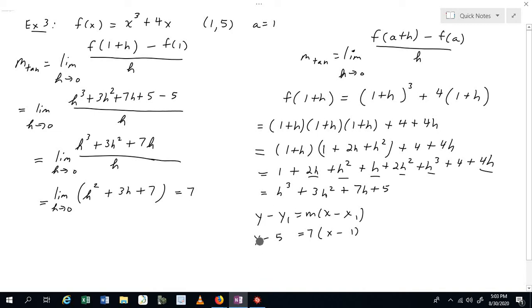Okay, and now let's just solve for y. Okay, so let's distribute the 7, so you get 7x minus 7, and then add the 5 to the other side, and you get 7x minus 2. Okay, so this is the equation of the tangent line to this function right at this point 1 comma 5.